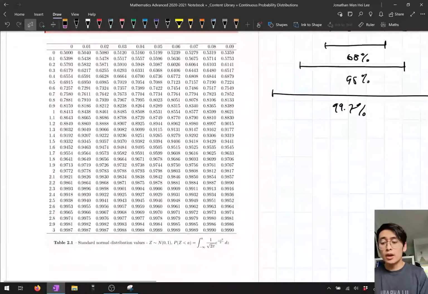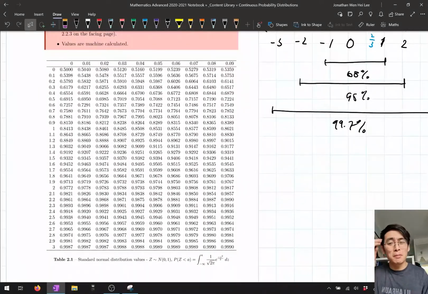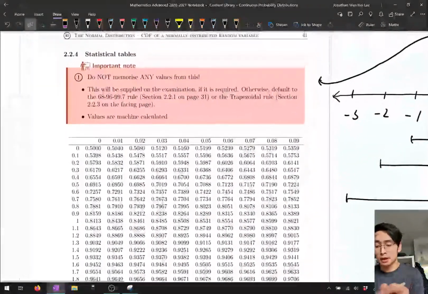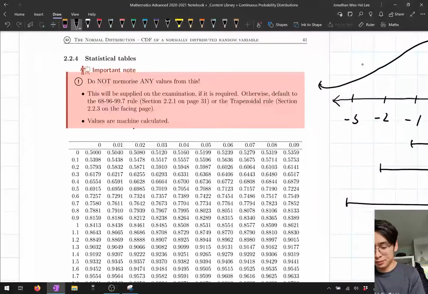Here we can get exact probabilities of an event happening based on their z-scores using this table. Now this table looks a bit confusing, but let me explain how we can read off scores here. What this table tells you is the probability of your z-score being less than or equal to a value a.